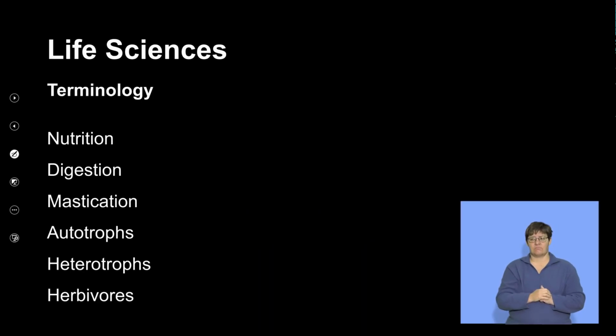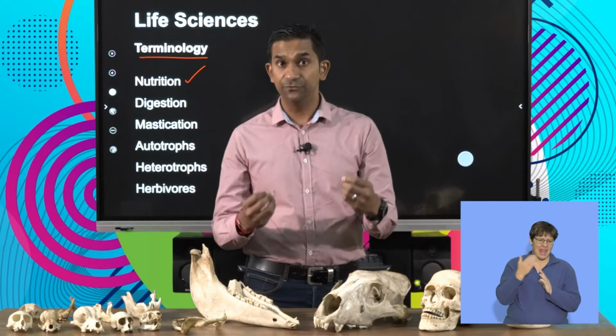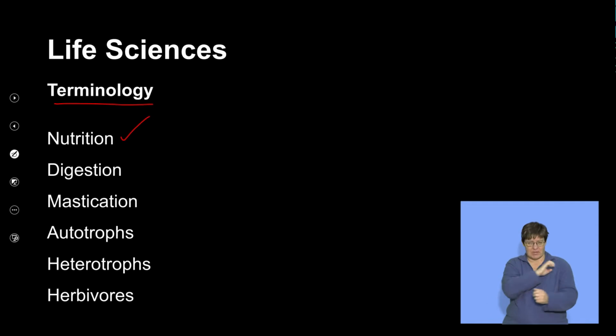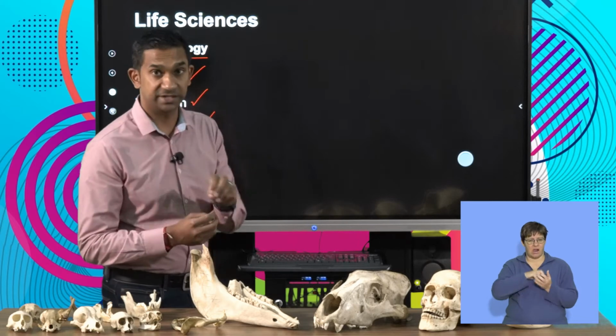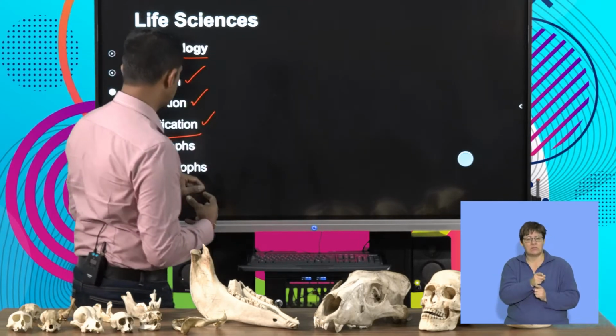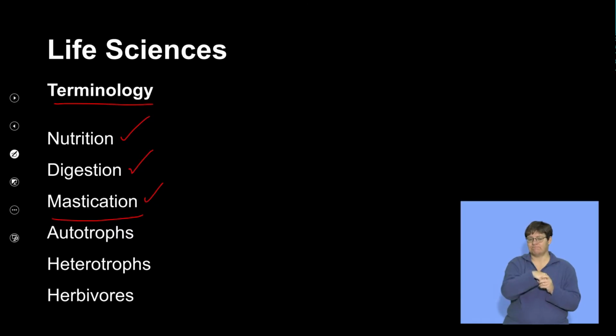Right, so some important terms. We've got to look at the concept of what is nutrition and what does that mean in terms of accessing food for energy. We're also going to talk about some important processes in nutrition like digestion, the concept of what mastication is, and that refers to the chewing of food, and so we see that as an important adaptation based on the dental formula or the teeth that are present.